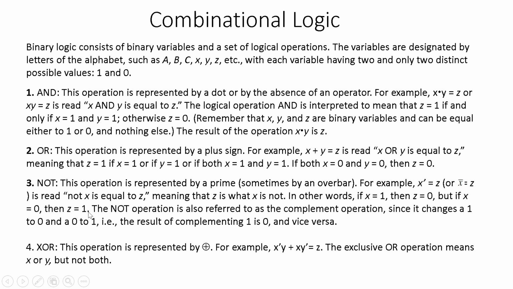For the NOT operation, this is represented by a prime or an overbar. For example, x prime equals z, or x bar equals z, is read as not x equals z, meaning z is what x is not. For XOR, this is represented by a special symbol. For example, x prime y plus xy prime equals z. The exclusive OR operation means x or y but not both.